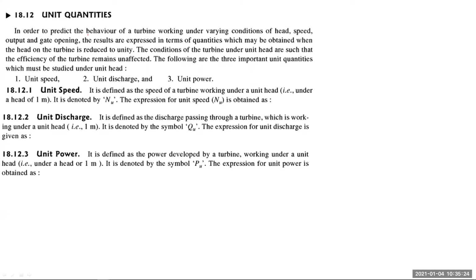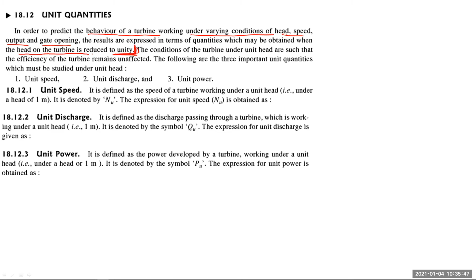In order to predict the behavior of a turbine working under varying conditions of head, speed, output and gate opening, results are expressed in terms of quantities which may be obtained when the head of the turbine is reduced to unity. This is important.